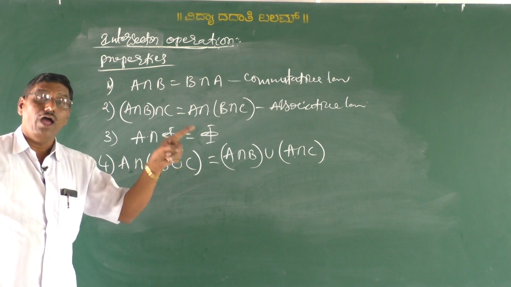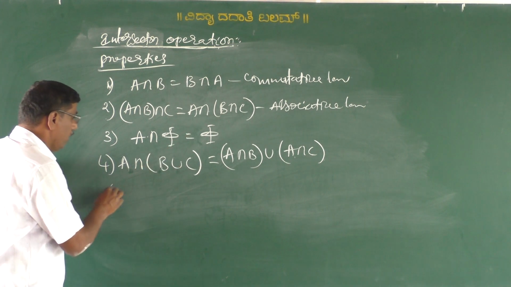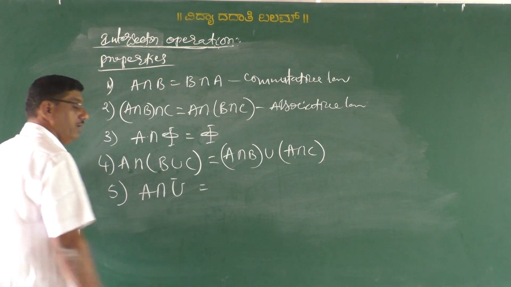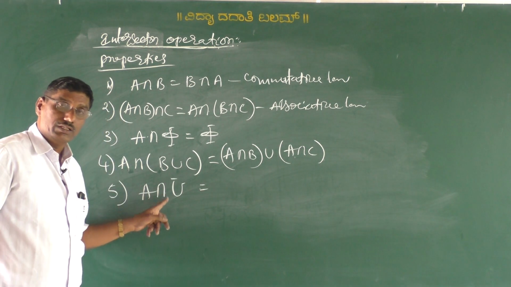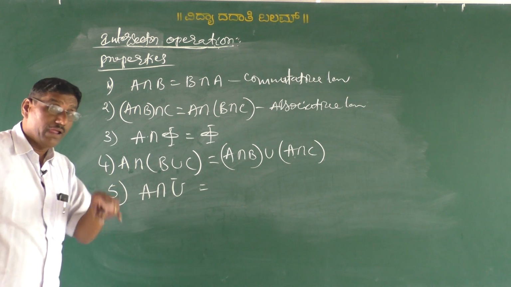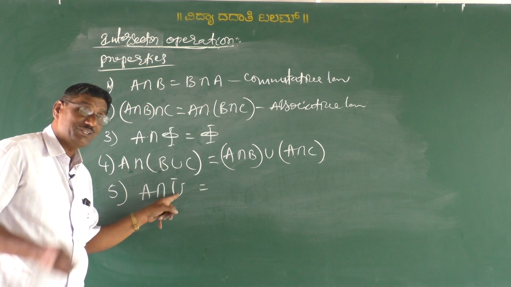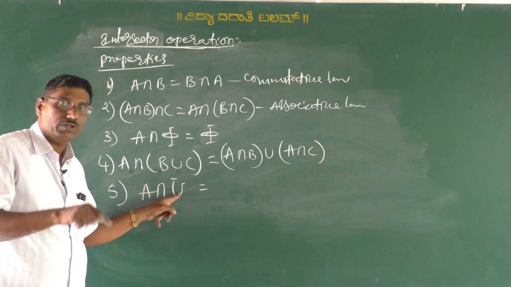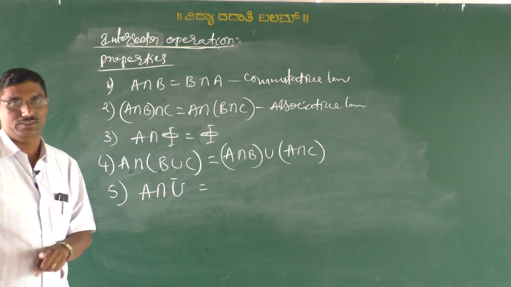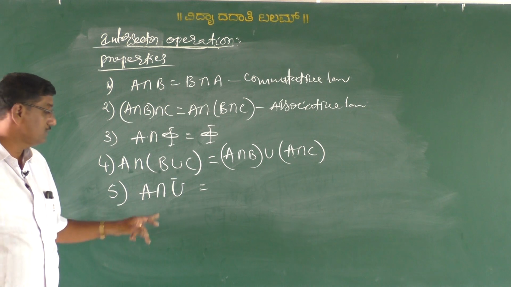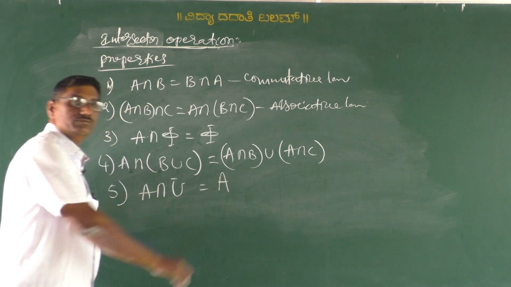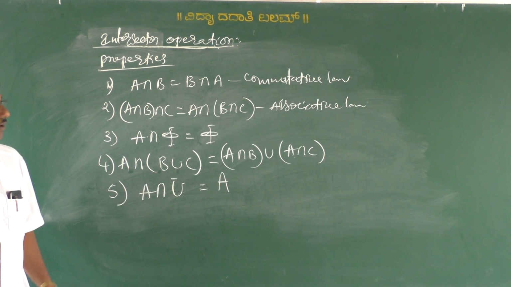Both union and intersection. Another law is A intersection universal set. Here A is the subset of the universal set. In such cases, we can write A. Are you understood, all of you?